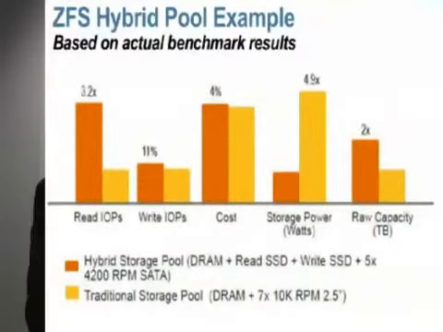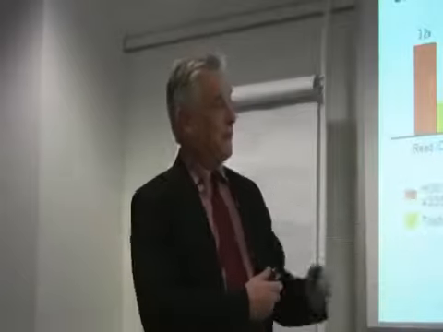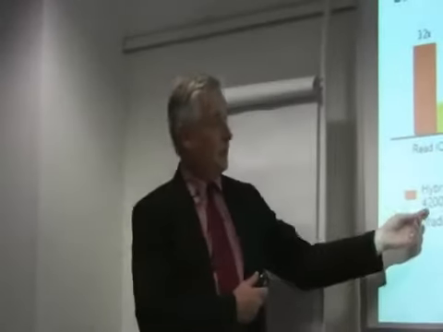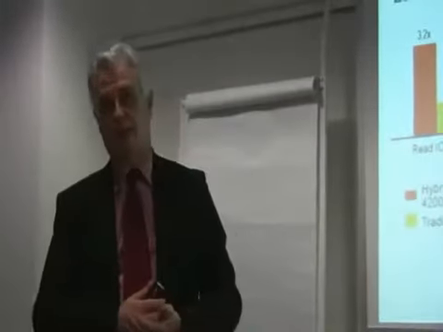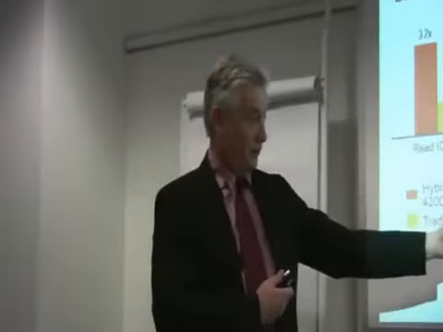Now, hybrid storage pools. We saw the examples earlier, and this is just one particular benchmark that's been run. This one shows a hybrid storage pool with some read and write solid state devices, and look at this, 4200 RPM SATA. These are very low power devices versus traditional storage.